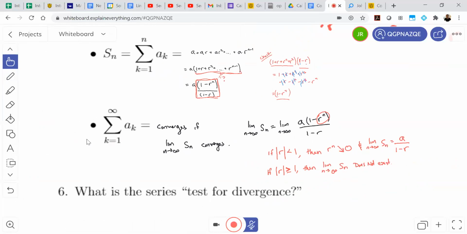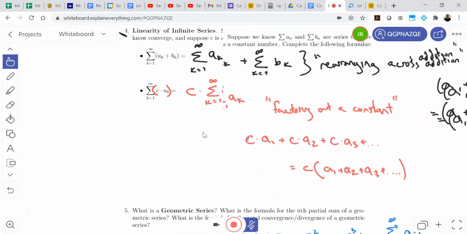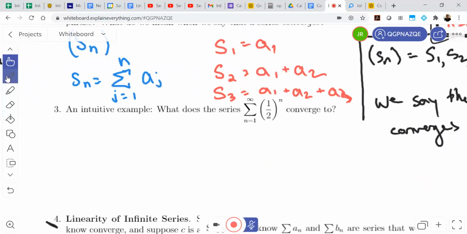So let's take this out for a test drive, right? In the video, we talked about the following series, which I then skipped over when we were talking through all of this. Let's take a look at this series right here. The sum as n goes from 1 to infinity of 1/2 raised to the n power. So we saw in the video that the sequence of partial sums, right?